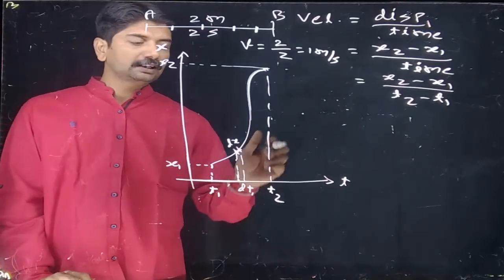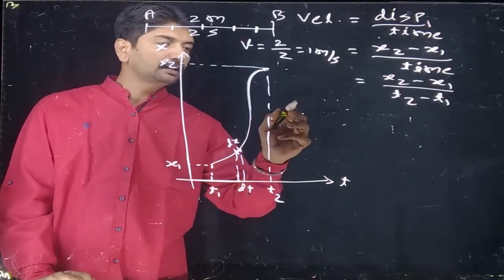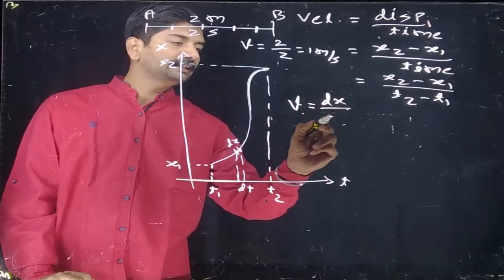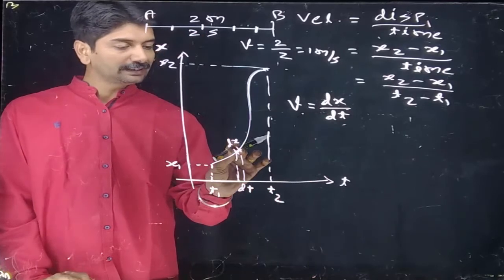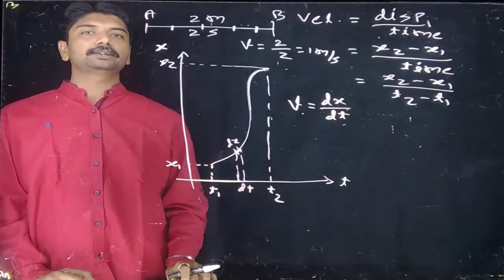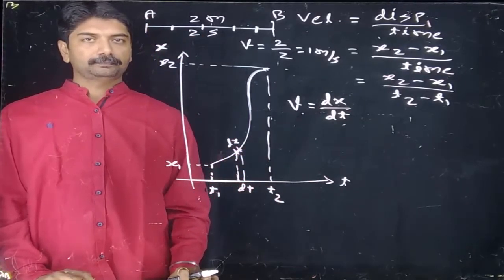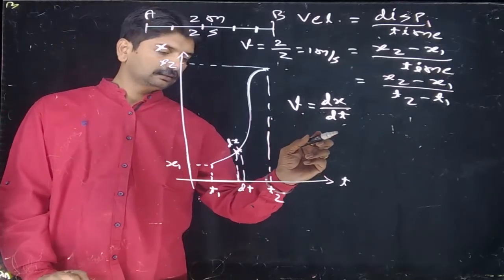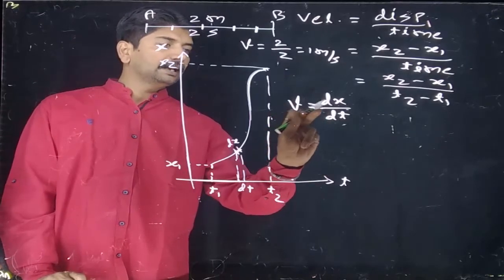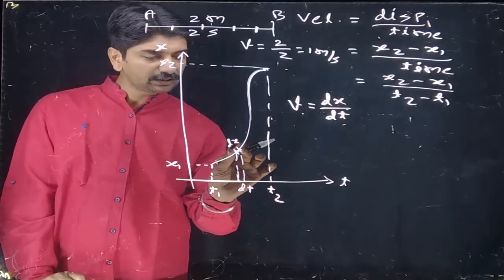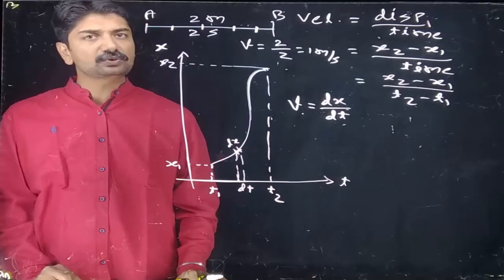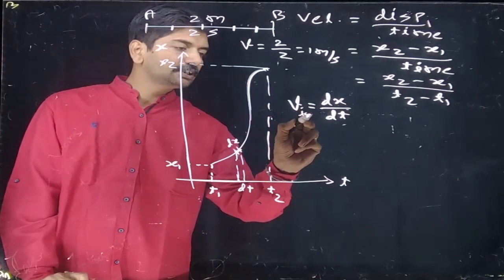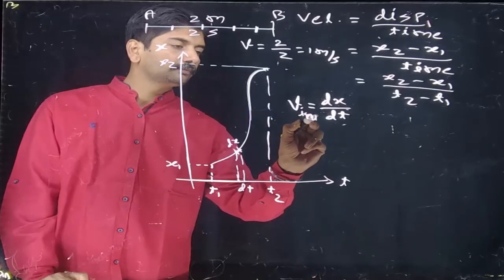Then I can say for this small period v is equal to dx by dt, total displacement divided by total time required. Now if dx by dt is so small that dx tends to 0, then I can say v is basically the instantaneous velocity.